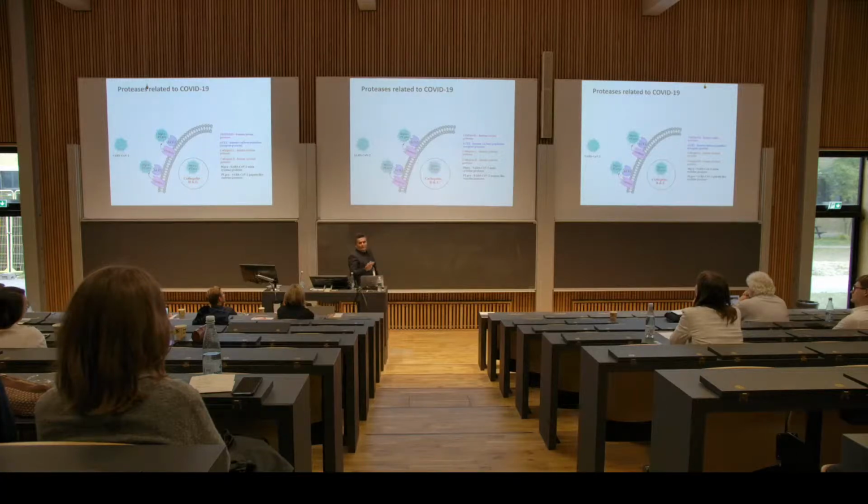But all of you have probably heard about ACE2, angiotensin converting enzyme. This is also a protease, and it is the receptor for the coronavirus. And TMPRSS2 is the serine protease which cleaves spike. When spike binds to ACE2, it needs to be further cleaved by TMPRSS2, which changes the conformation and helps the virus to get in.